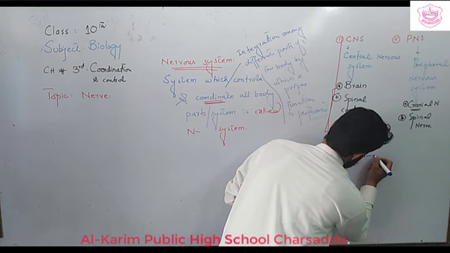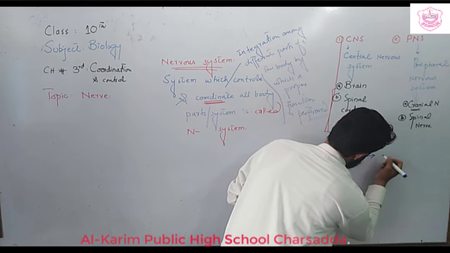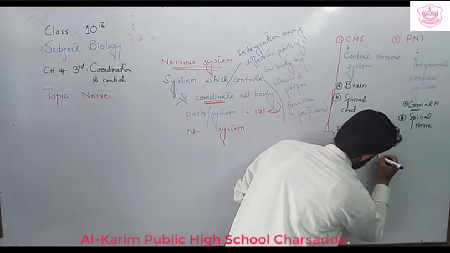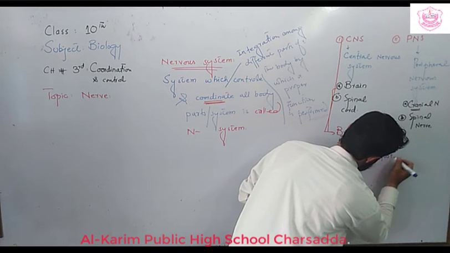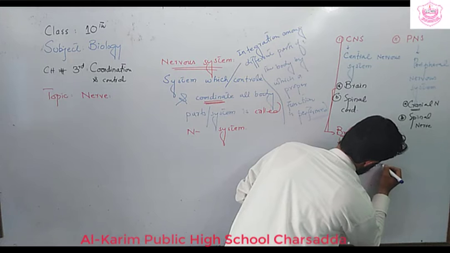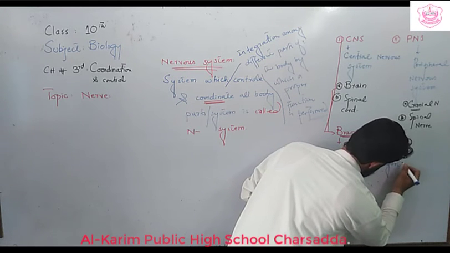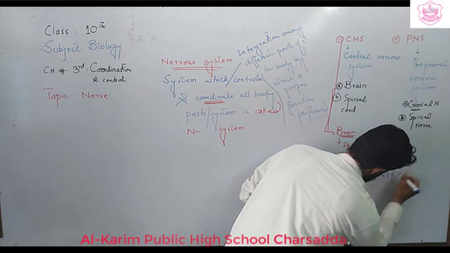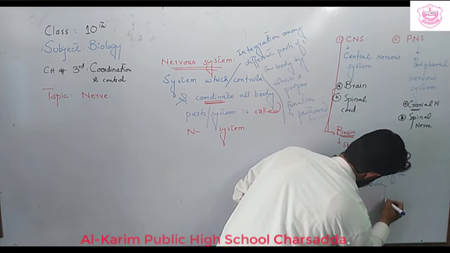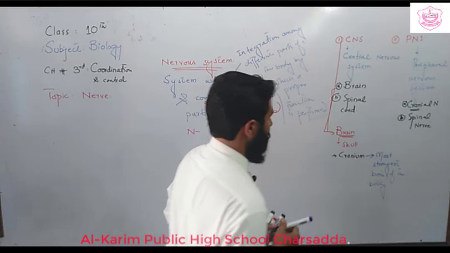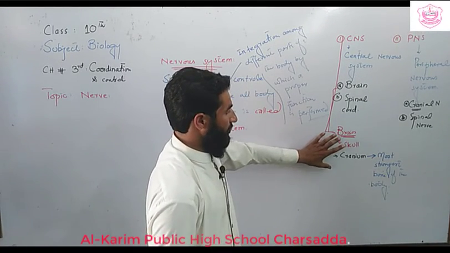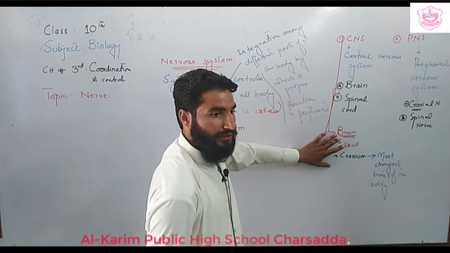Brain is covered by a bony case or plate. That plate is known as cranium, which is the strongest bone of the body. It is actually the bony plate which covers the brain.